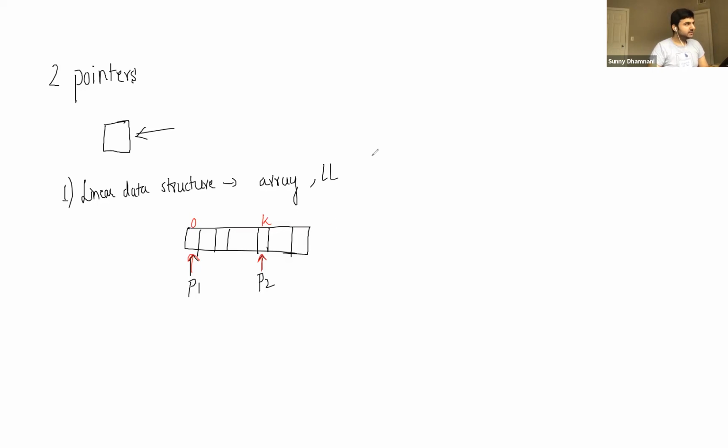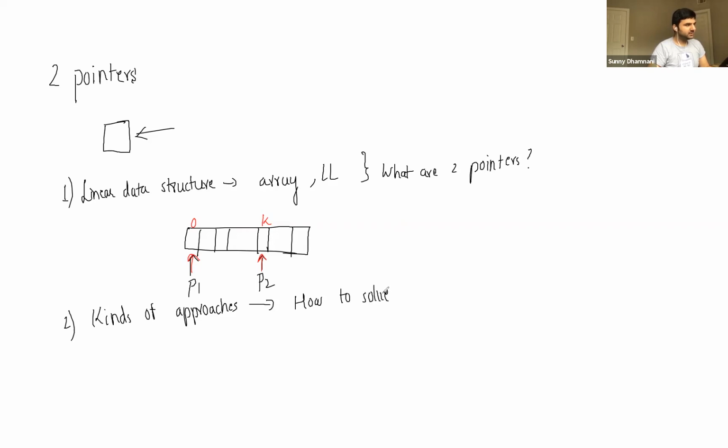Now, in this discussion, we'll specifically talk about three kinds of approaches. I've already told you how to imagine these 2 pointers, or what these 2 pointers are. Next I will talk about how to solve problems using them, or how to create algorithms in a general sense.